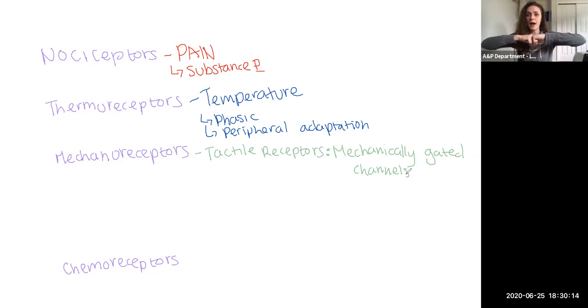Tactile receptors, what happens is something in the environment, let's say my finger pushes on these cells and I physically break open that membrane of the cells, allowing sodium to rush in, sending a stimulus on. Okay, so tactile receptors use mechanically gated channels, meaning that you have to physically open them to get a stimulus to occur.